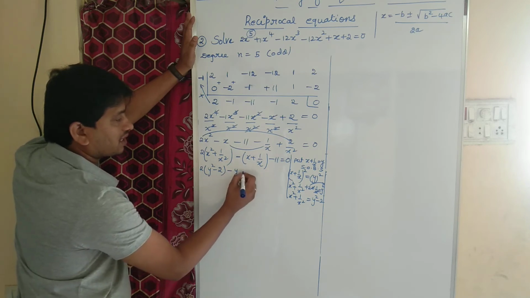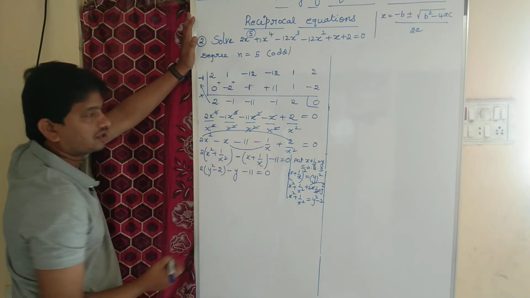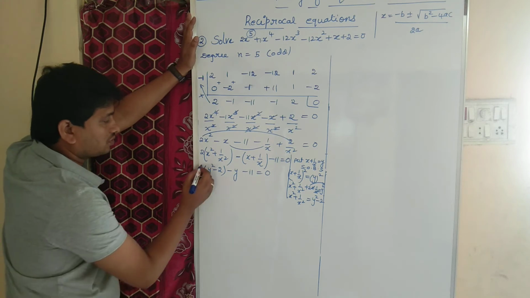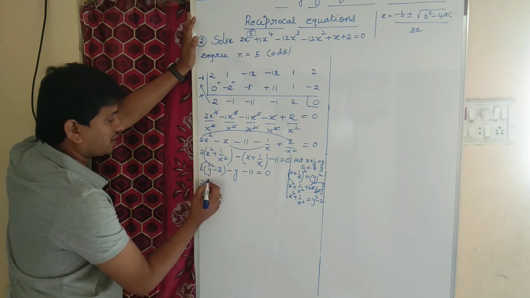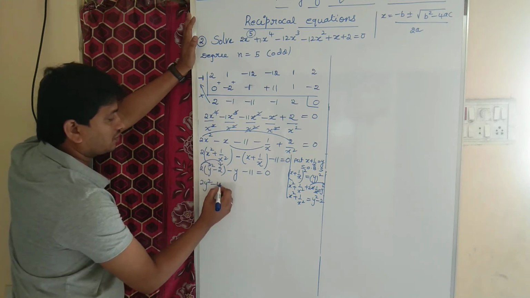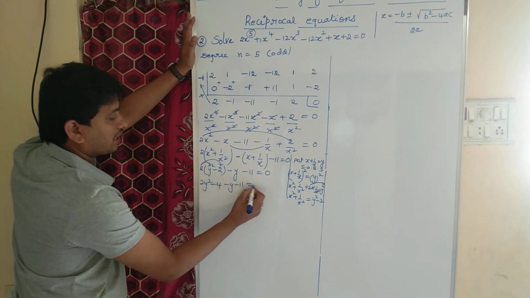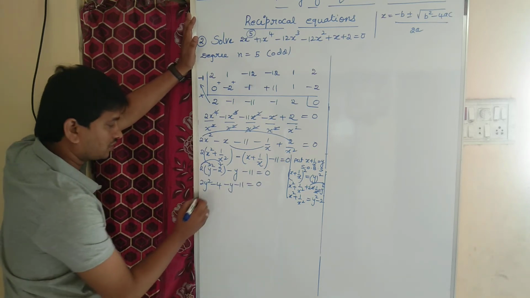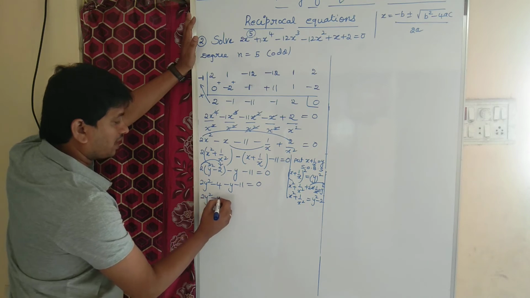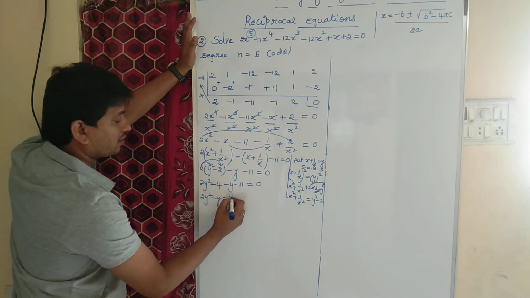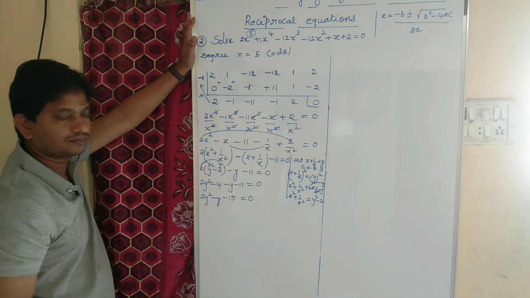Here I can write minus y minus 11 equal to 0. So 2 into y square, 2y square, 2 into minus 2, minus 4, minus y minus 11 equal to 0. 2y square minus y minus 4 minus 11, minus 15, equal to 0.